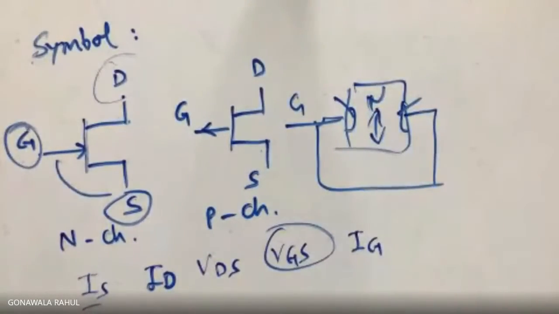So channel is a medium that provides for the flow of electrons or holes. Ultimately the channel provides us the facility to create a flow of current. Clear? So that is about schematic symbols.